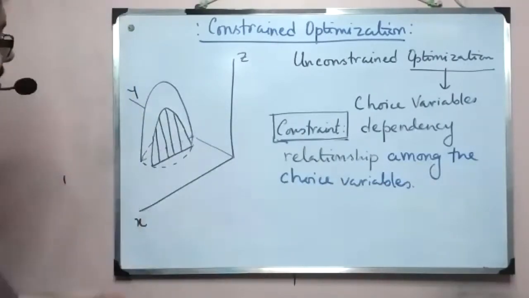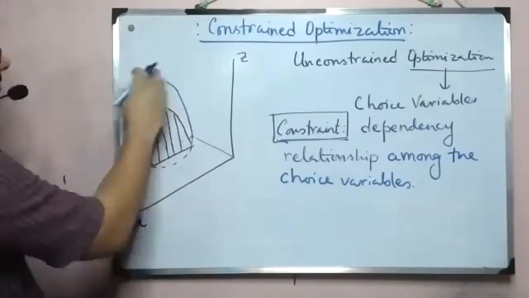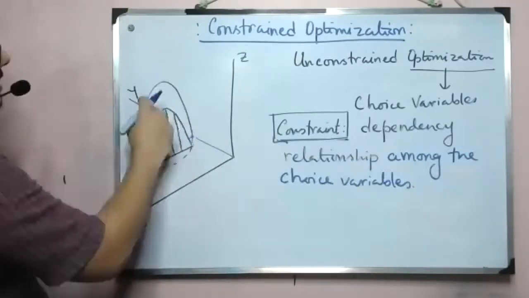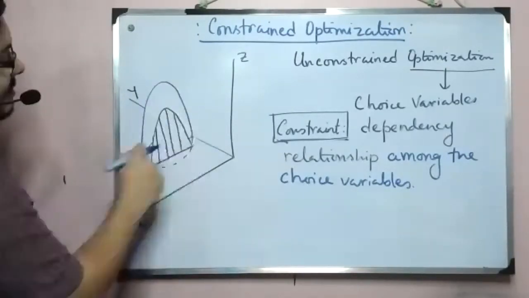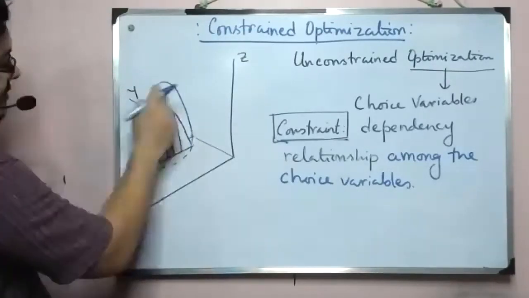So let us now come to the diagram. In this diagram, the dome that you see, the bigger dome, let's say this is our optimization function's shape. It's a 3D shape involving x, y, and z.